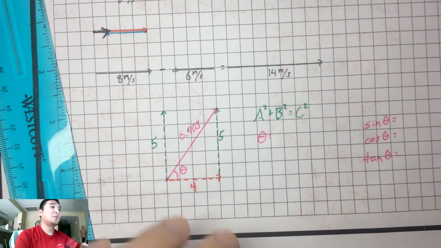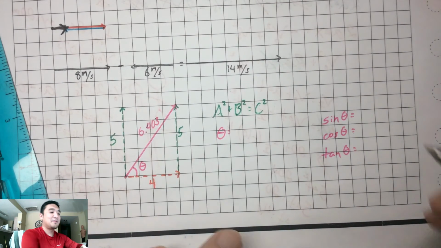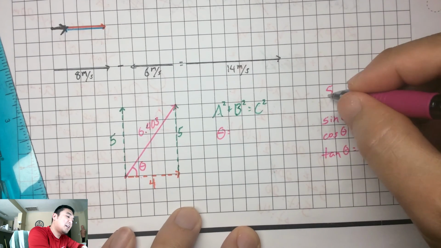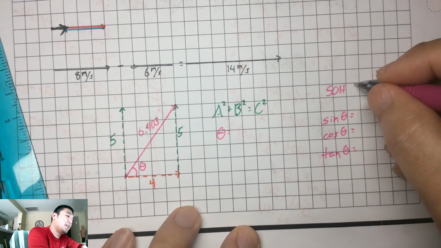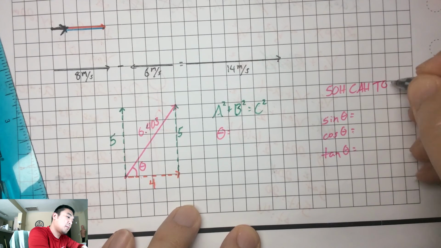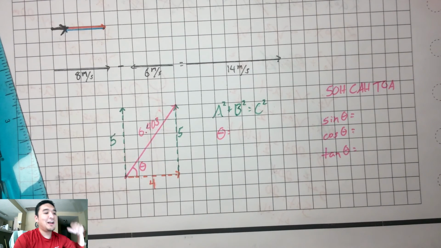But let's get this out of the way first. SOHCAHTOA. And this tells you what the ratios are. All these three things are just ratios of two sides of a triangle. That's all it is.